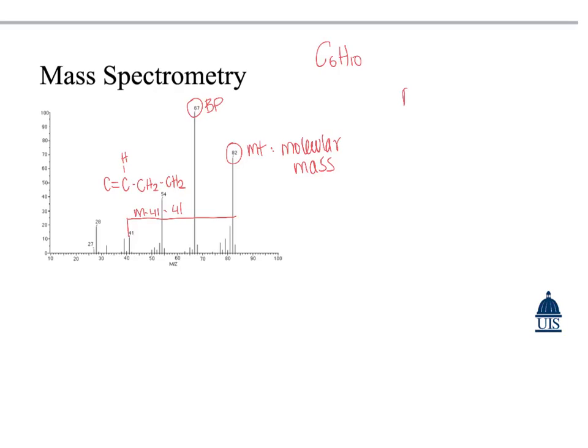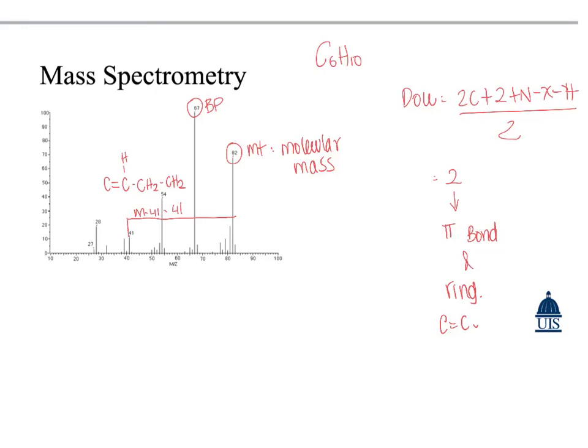It happens that the DOU of this formula, calculated with 2C plus 2 plus N minus X minus hydrogens, all divided by 2, gives us a DOU of 2, indicating the presence of a pi bond and a ring. It happens that the double bond is located inside the ring.